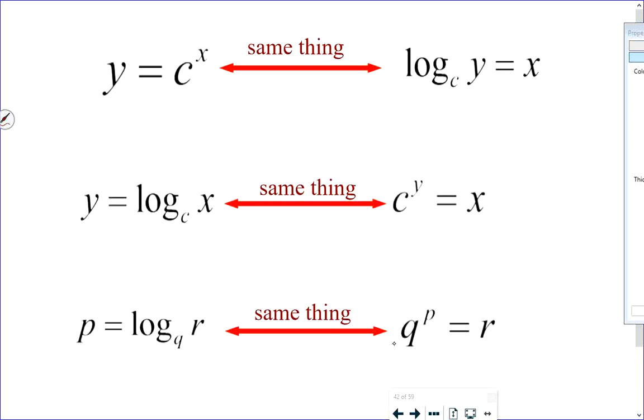I want you to notice that if you were going from the logarithmic, the thing that's by itself in the logarithmic is not the thing that's by itself in the exponential. The argument in the logarithmic becomes what's by itself in the exponential. The argument in the exponential becomes what's by itself in the logarithmic.